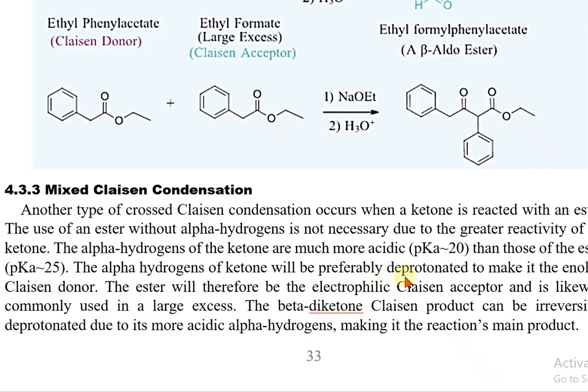The base removes a proton from the ketone to make the enolate, the Claisen donor, which is a carbanion. The ester is therefore the electrophilic Claisen acceptor.